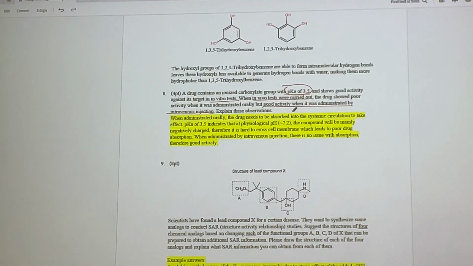So if you take it orally, it needs to go across your cellular membrane to go into your system to be effective. That's why when it's taken orally, very little of it actually goes into your body, so it's not that active anymore. That's exactly the bioavailability we talked about in the lecture.